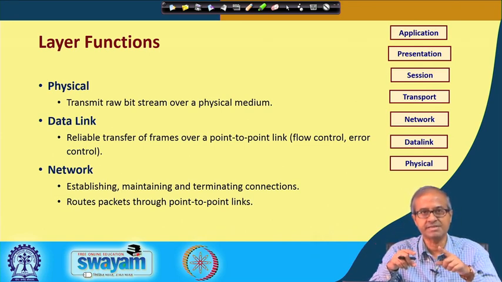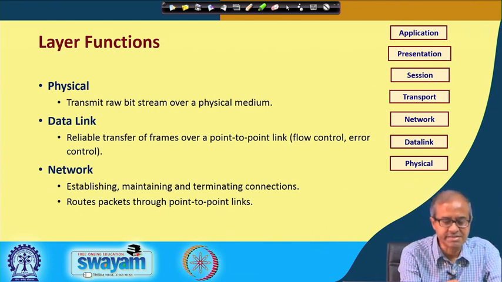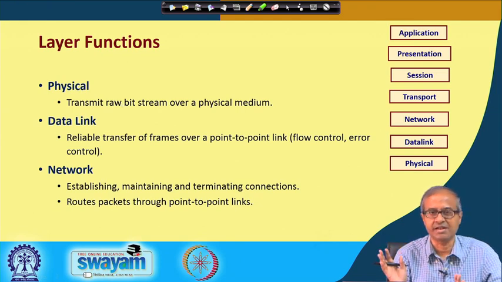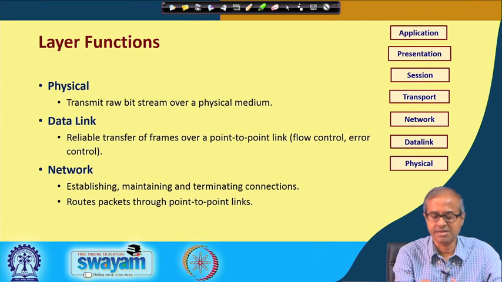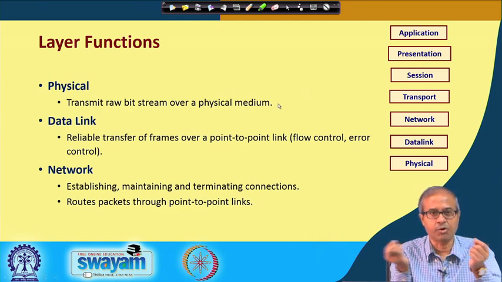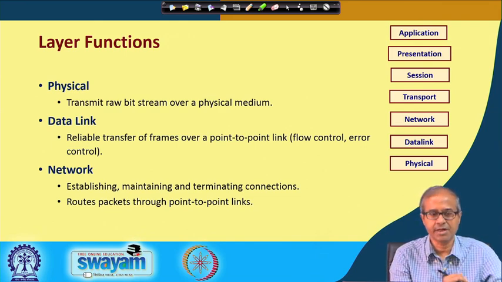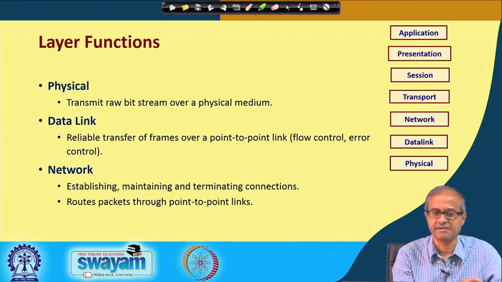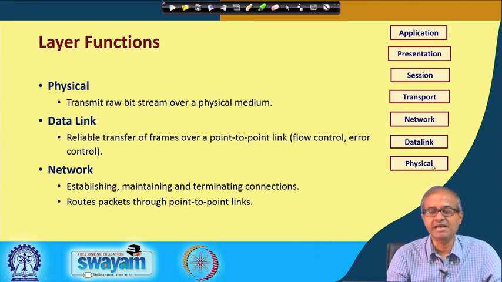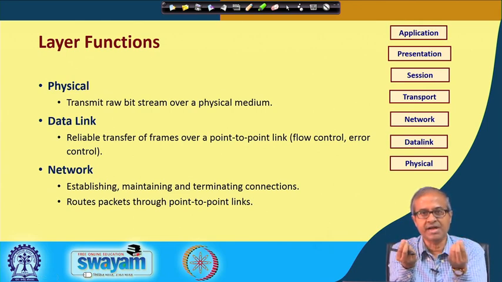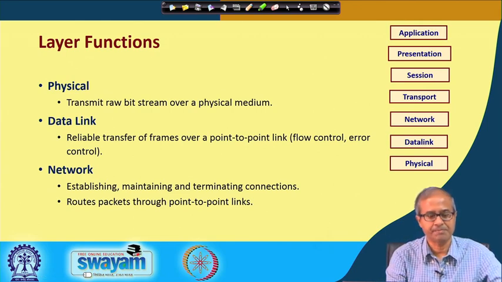This concerns the transmission of the raw bits that constitute your data over the channel, whatever channel it is, some kind of physical medium. It can be copper, it can be a fiber optic cable, it can be a microwave link, it can be Bluetooth, it can be anything. This is the physical layer. The physical layer establishes a physical connection between 2 directly connected link points.